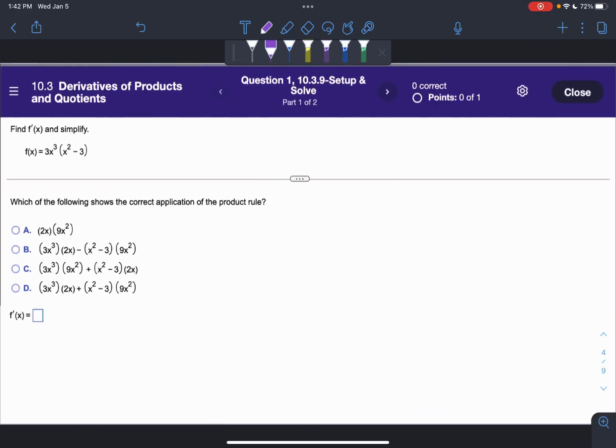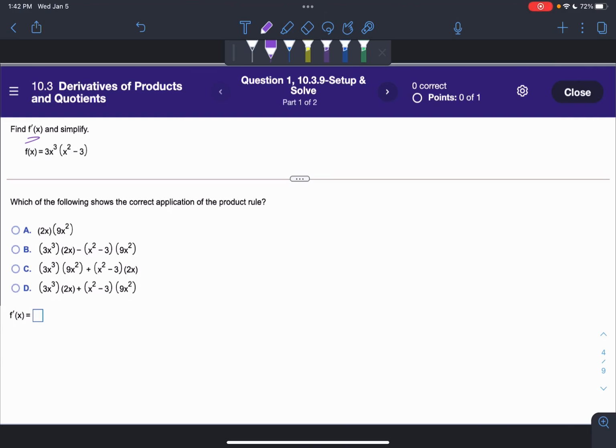All right, let's do some more examples. Okay, so I have f prime of x, I have f and I want to know f prime. So other than knowing this is what we're covering in the section, how would you identify whether we need the product or quotient rule?